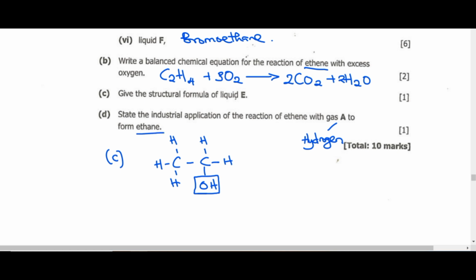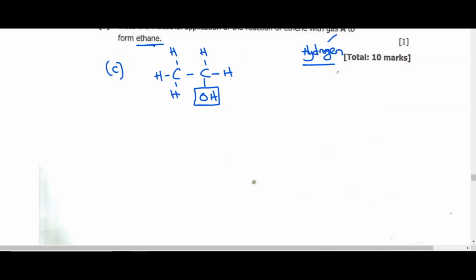We are saying that it is very important in industry because it is used in production of margarine from unsaturated vegetable oil. Vegetable oils are changed into fats which are saturated by hydrogenation. So that is what we mean. Now we can put it here.